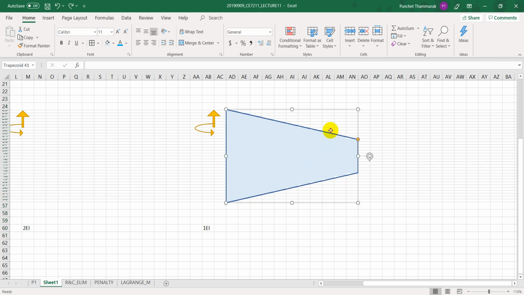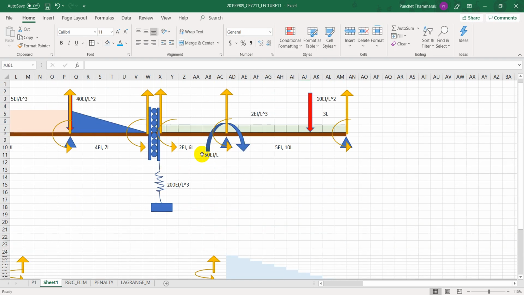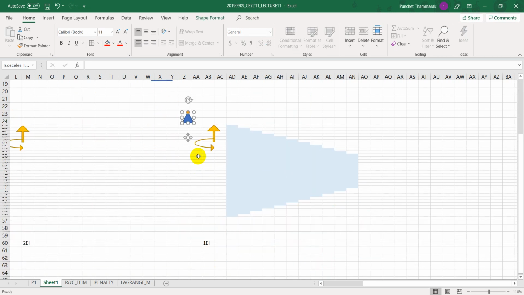Now, these 16 beams will be supported, should we call it supported? We don't really have to put the boundary condition.